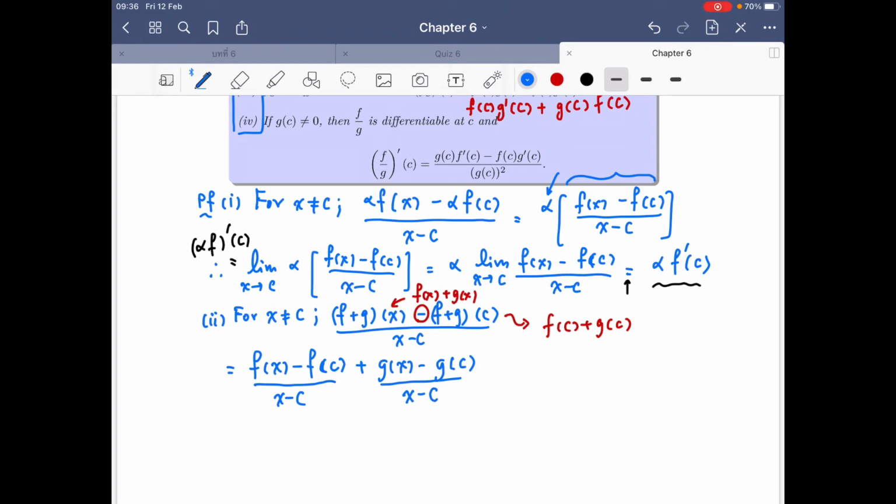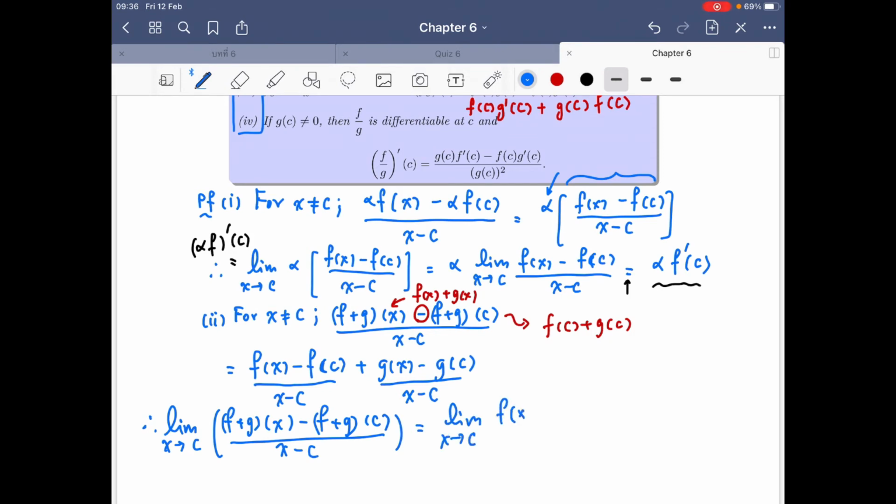And for both of these quotients, the limit as x goes to c exists. So as you take the limit of the left hand side quotient over x minus c, your right hand side can be separated immediately, because for each quotient the limit as x goes to c exists.